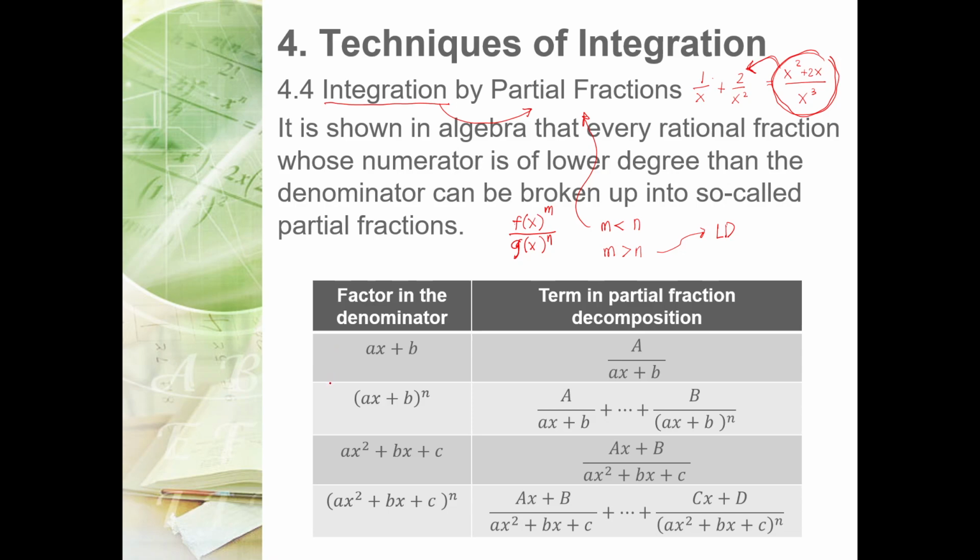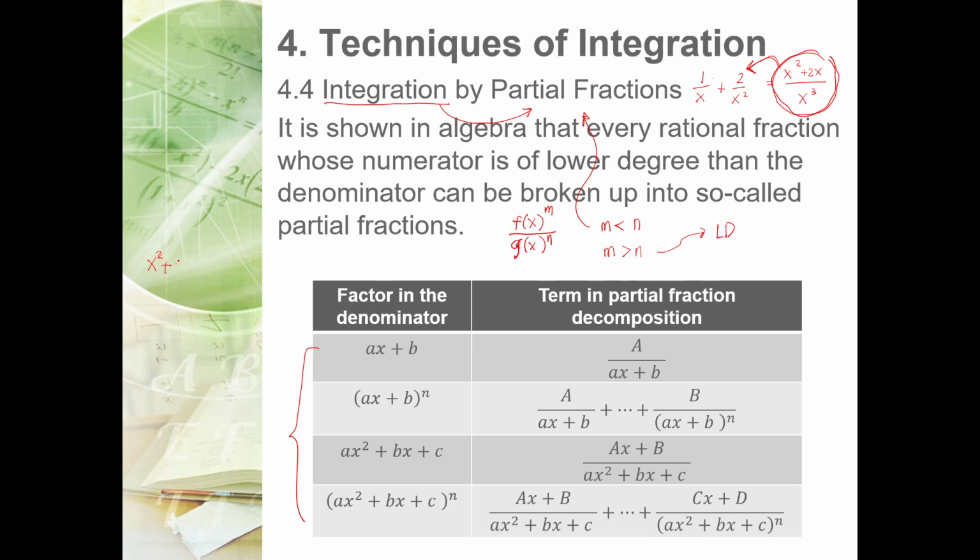So in partial fractions, you only have to observe 4 different types of factors. Before you go into these 4, what you have to do first in the denominator is simplify it, or let's say make it into its several factor components. You need some algebra.